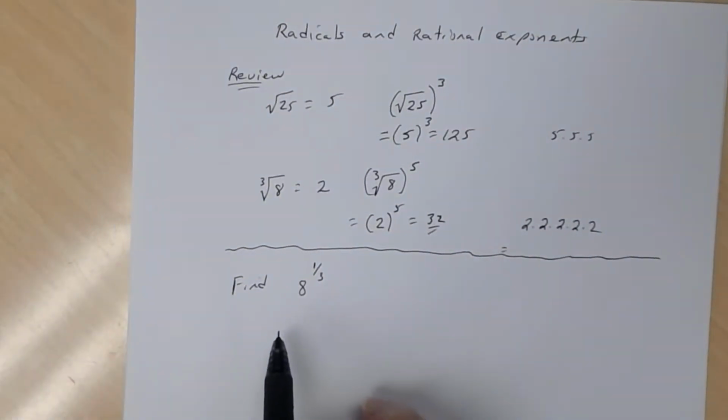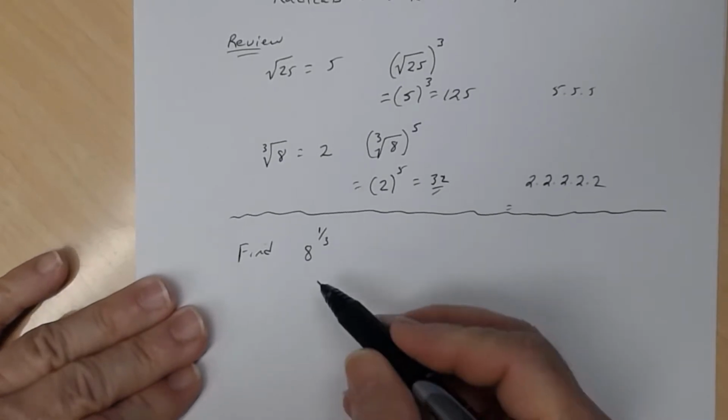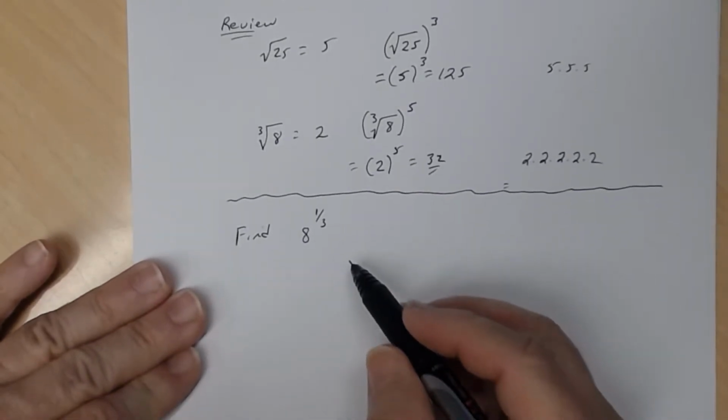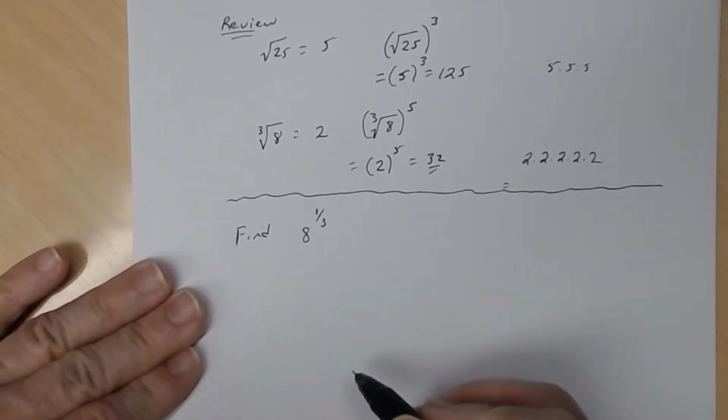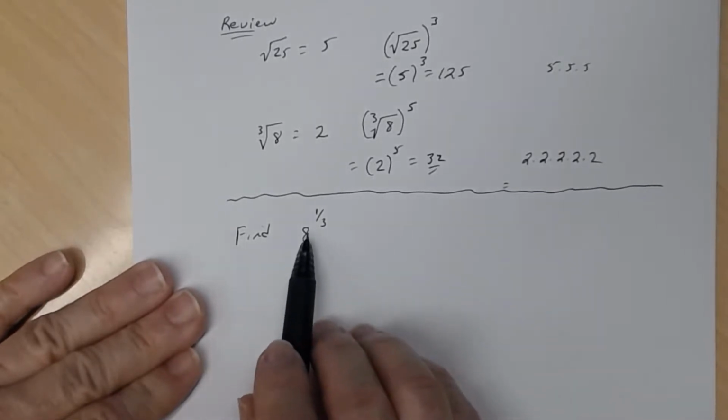Okay, so let's talk about it in this sense. You have to make sure you understand every little part I'm doing here before you can understand how to rewrite this as a radical.